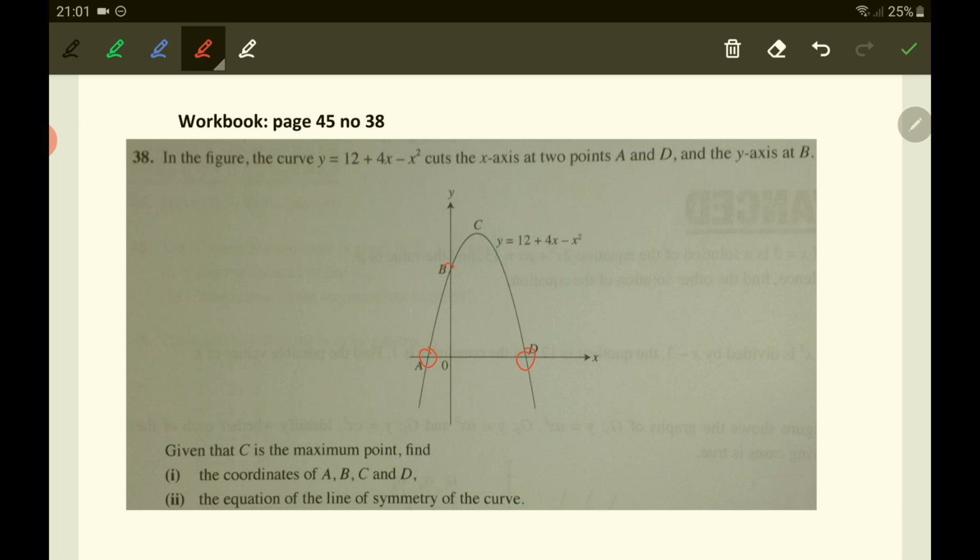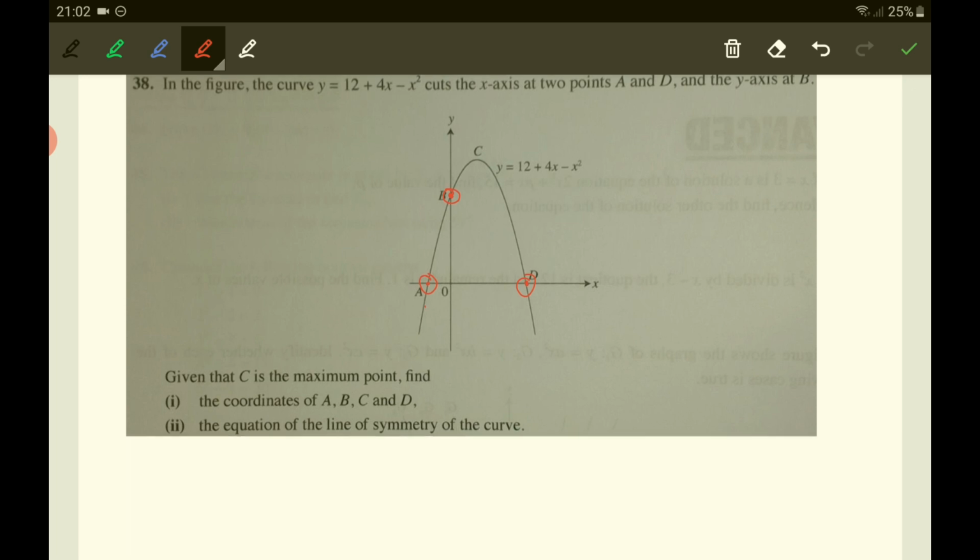So this is the y-axis. So when we are talking about cutting the x-axis, it means the value of y at this point is equal to 0. The value of y equal to 0 here, yeah. And then if we're talking about cutting the y-axis here, it means the x-coordinate is equal to 0.